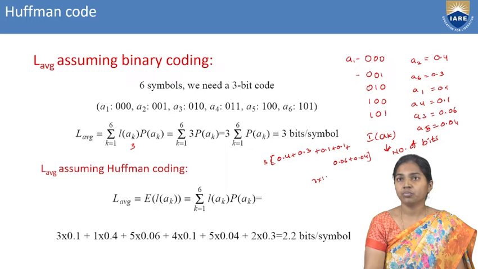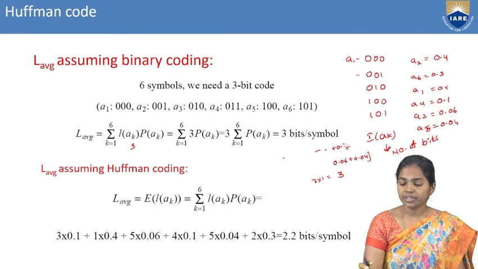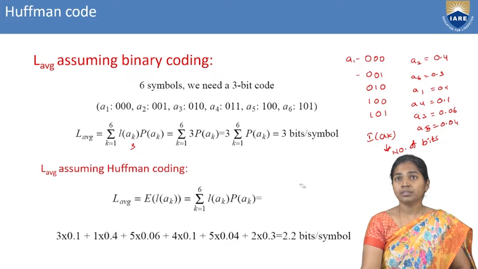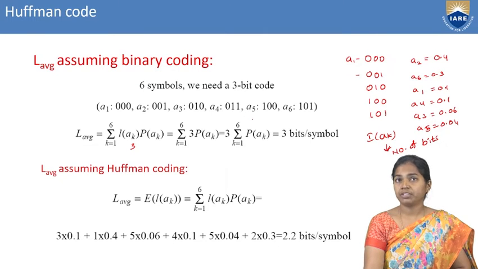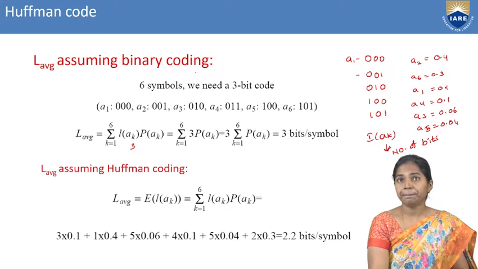Here 3 into 1, here it is 3. So we are using 3 bits per symbol. This is for binary bit coding. L average: we are calculating average length assuming binary code.